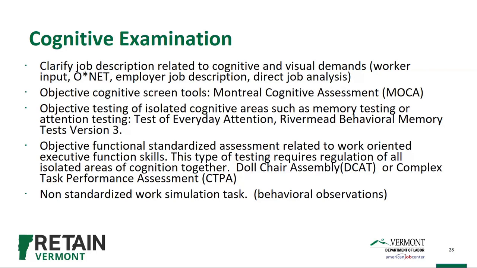Examples of this style of assessment tool include the Doll Chair Assembly Test or the Complex Task Performance Assessment. There are a few functional standardized assessments available, so at times, the rehab professional may have to create a custom work simulation task to further challenge executive function.